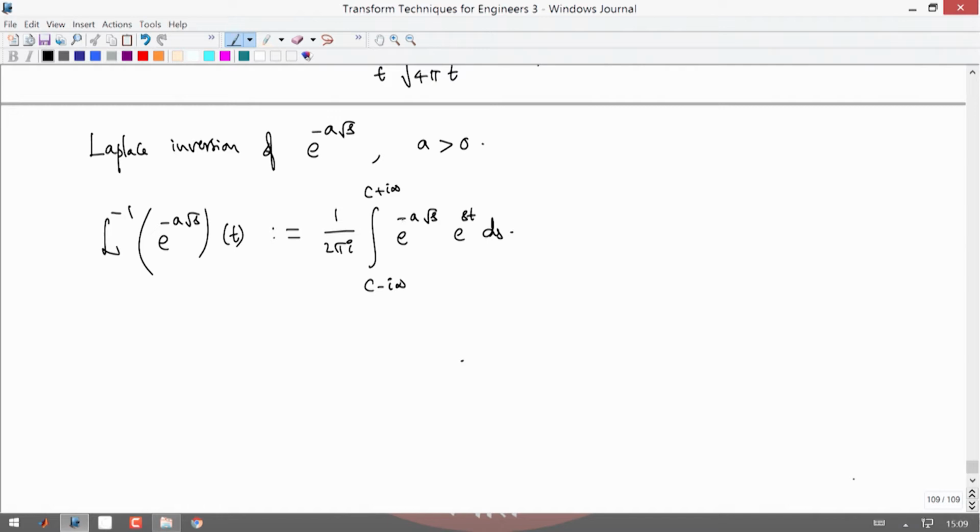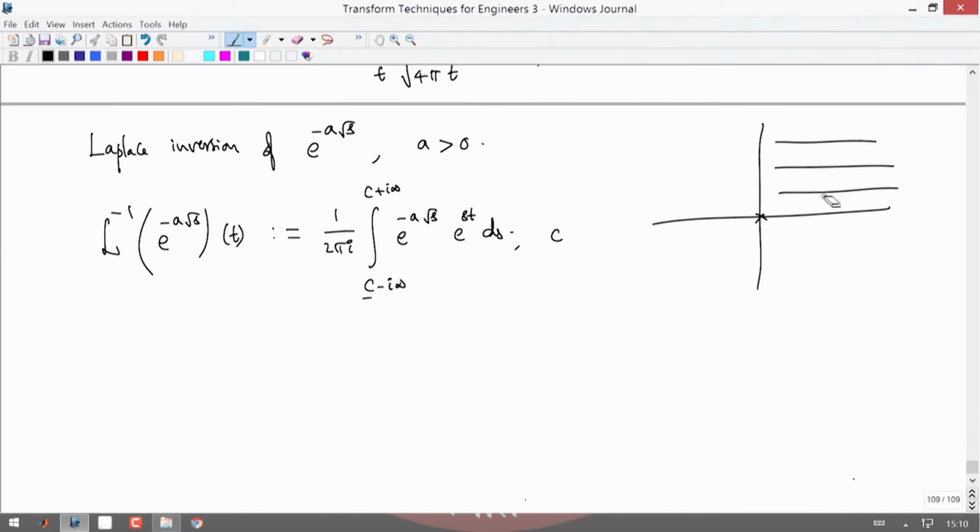If it is minus a times root s in the exponential, you can evaluate this in explicit form by contour integration. So let us look at the Bromwich contour, s = c, where c is anything positive, because this function has 0 as the branch point, otherwise in this half plane it is an analytic function.